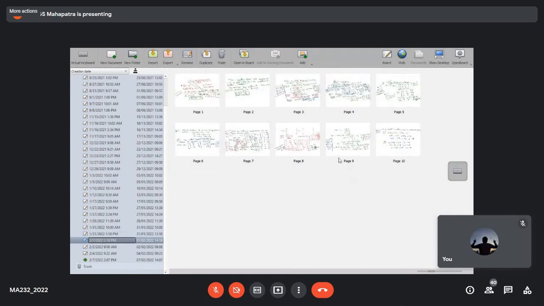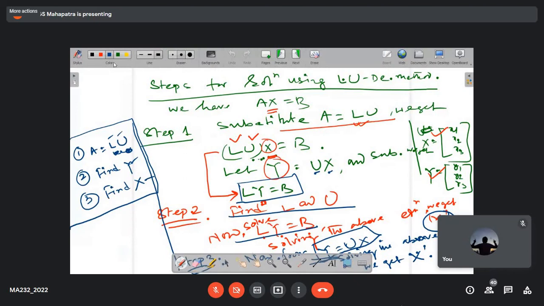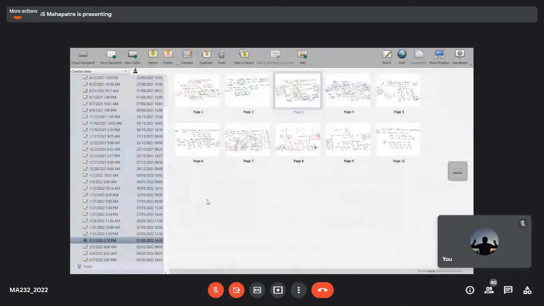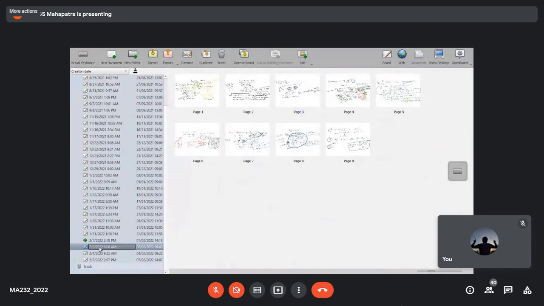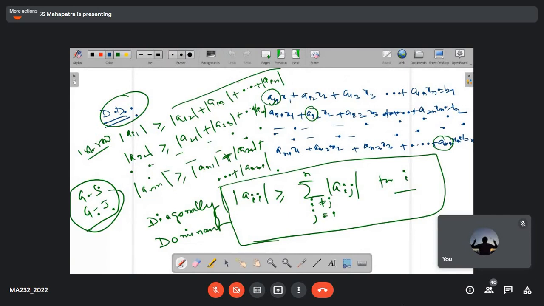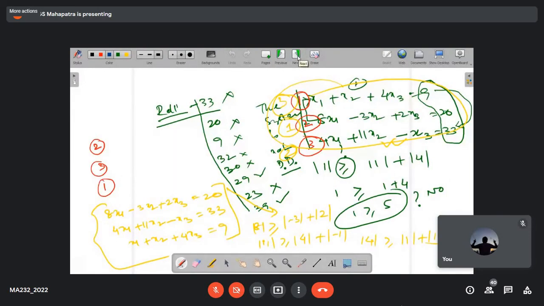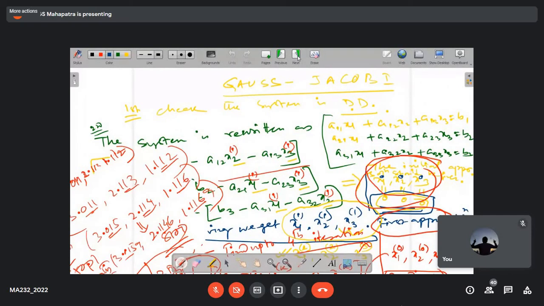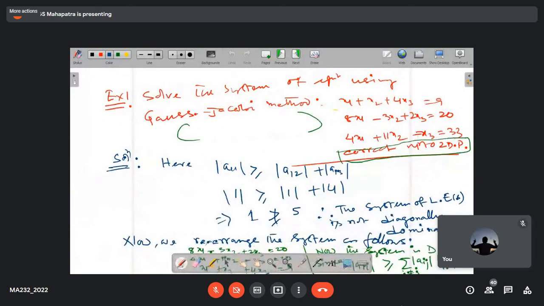Yeah, this one. This is recorded today. Fine. Same problem. This one we have already discussed based on the Gauss-Jacobi method. I will rewrite this one. You know the solution also.